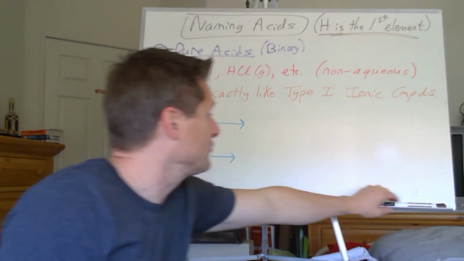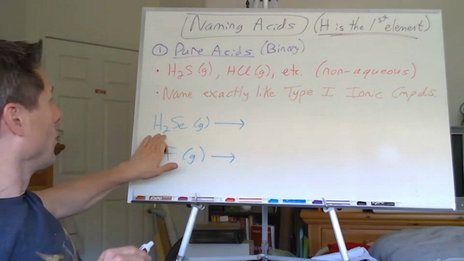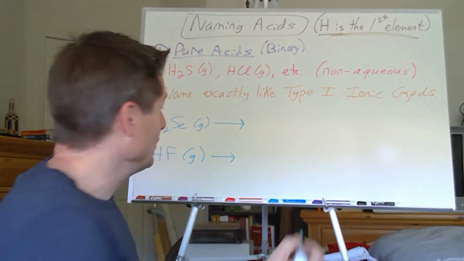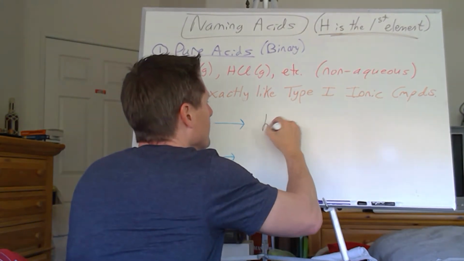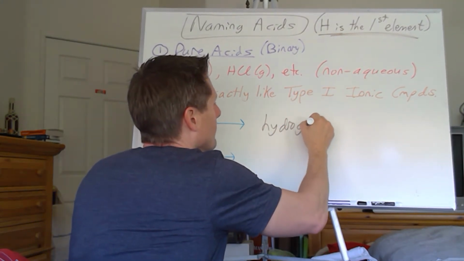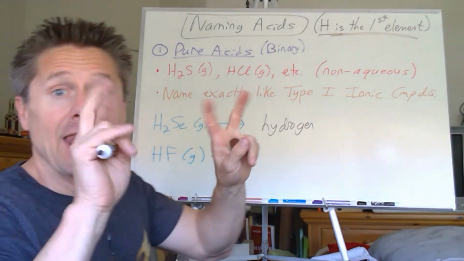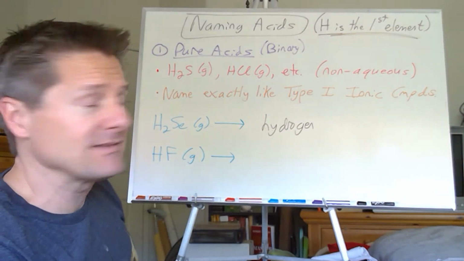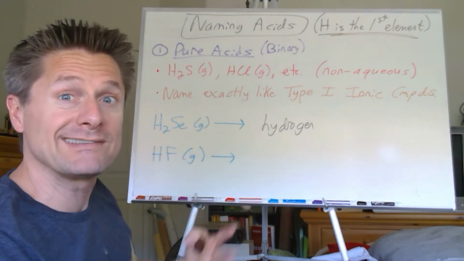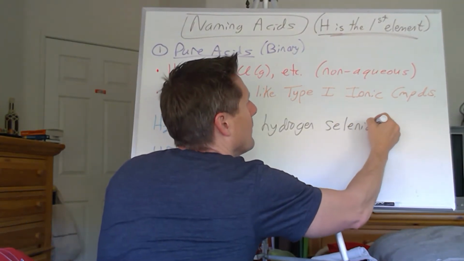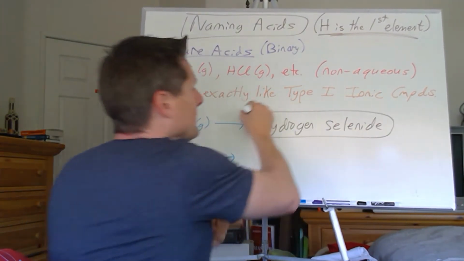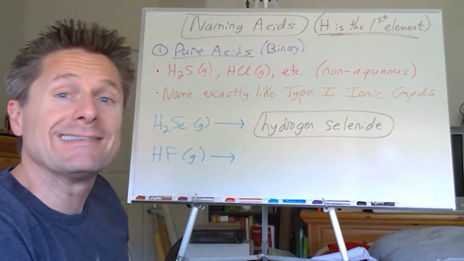So we're going to treat that as hydrogen. The cation, you don't change the name. And then you take the anion and add the suffix -ide, so that'd be from selenium, selenide. So the pure acid would be hydrogen selenide.